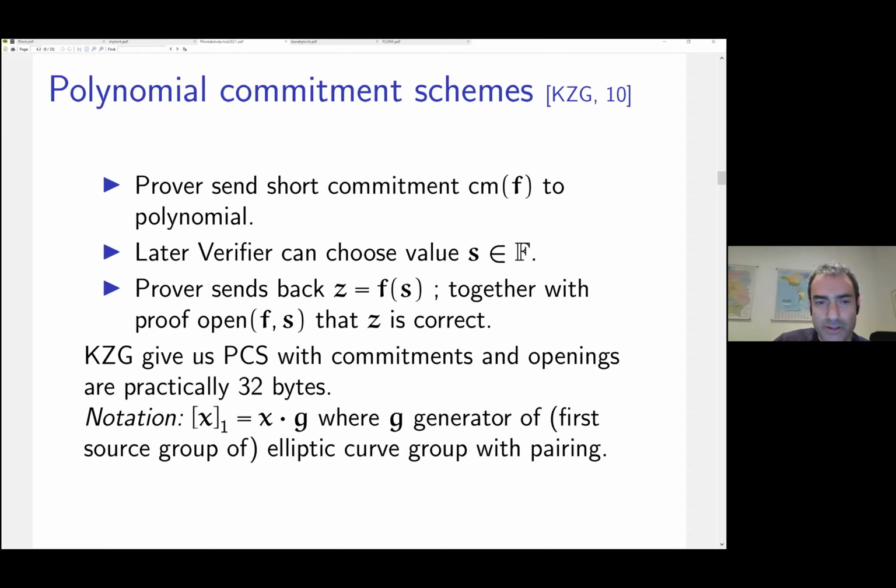And let's just use this notation that x in brackets is just x times g for some public randomly chosen generator g of an elliptic curve group, right? Or like the first source group, G1, of some elliptic curve with a pairing.